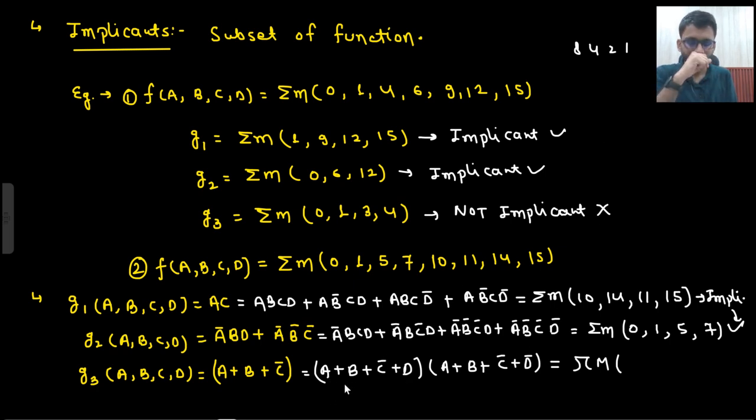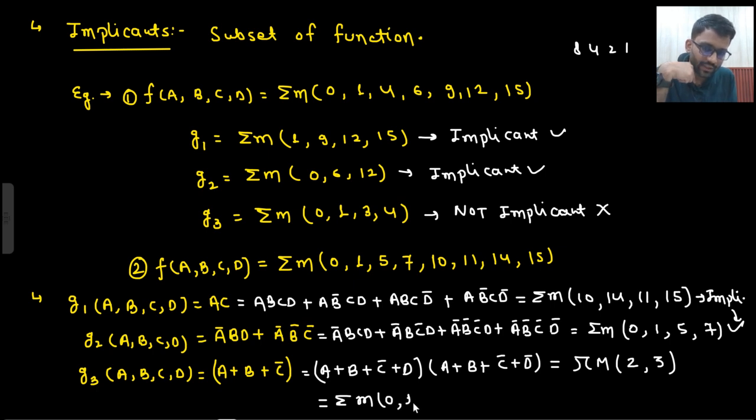Because this is POS form, the maxterm will be 0, 0, 1, 0, that means 2, and 0, 0, 1, 1, that means 3. So 2, 3. So what will be the minterms? Minterms will be a lot of numbers.